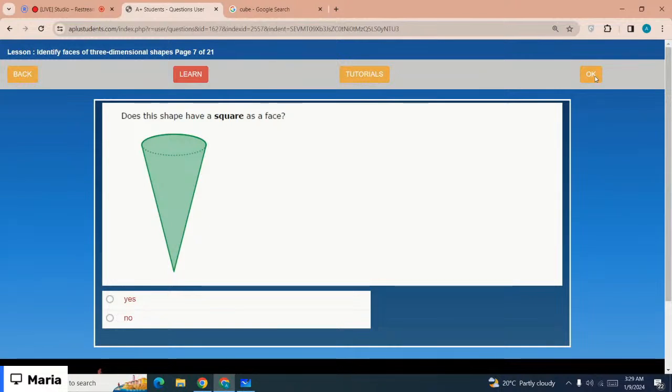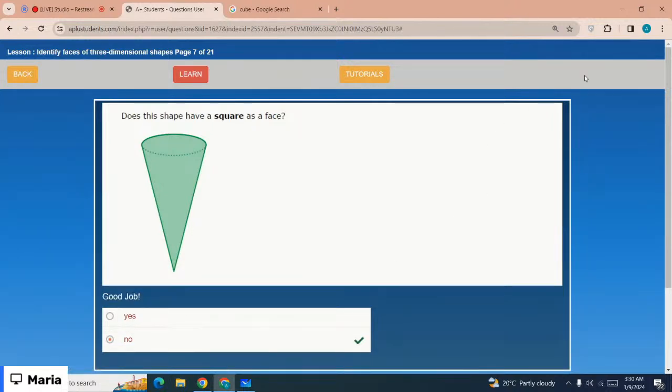Does this shape have a square as a face? The correct option is no. This shape does not have any square as a face.